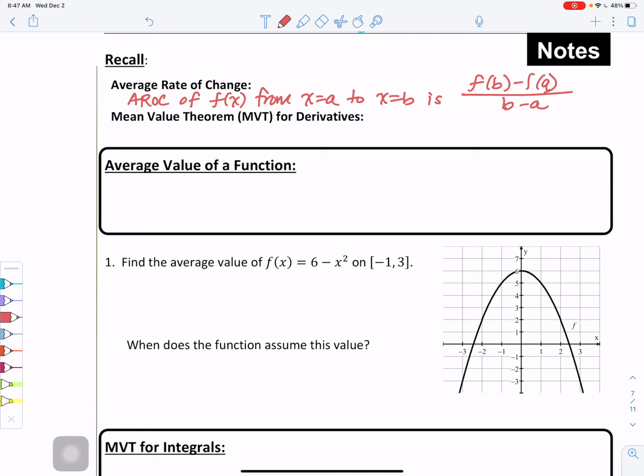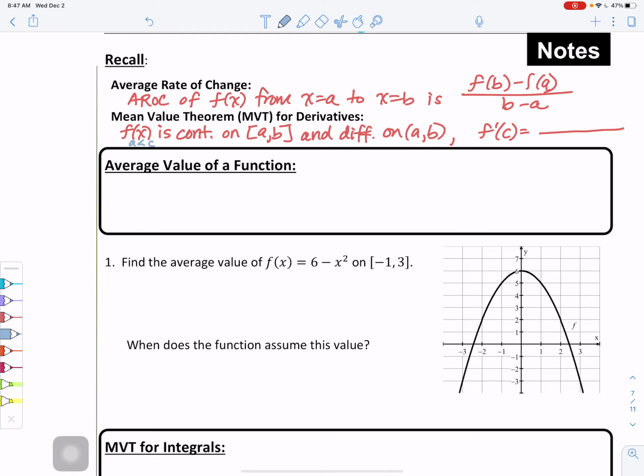Basically, it says that if f of x is continuous on the closed interval a b, and differentiable on the open interval a b, there must be some value c between a and b such that f prime of c equals f of b minus f of a over b minus a.